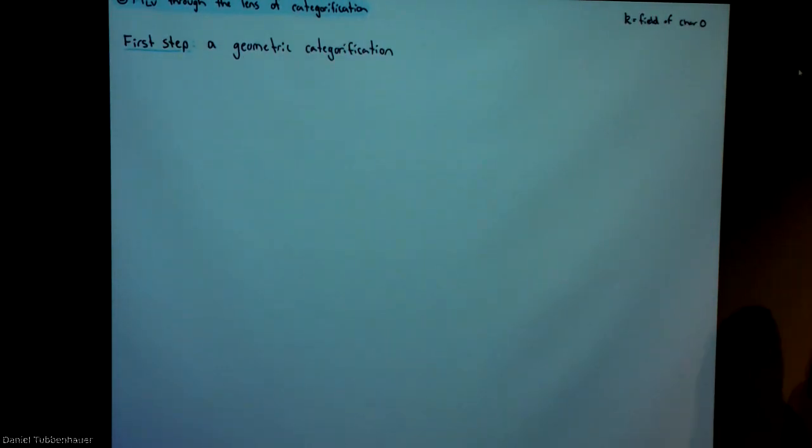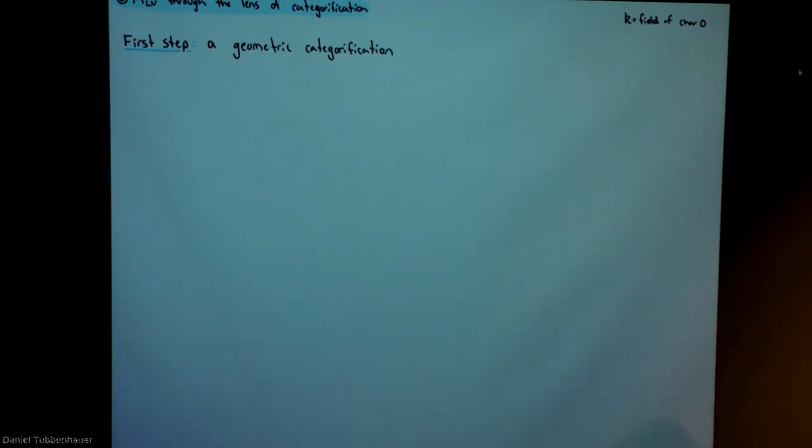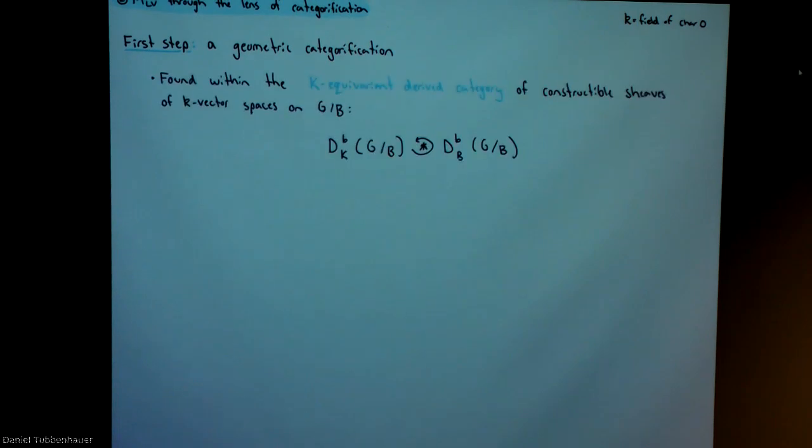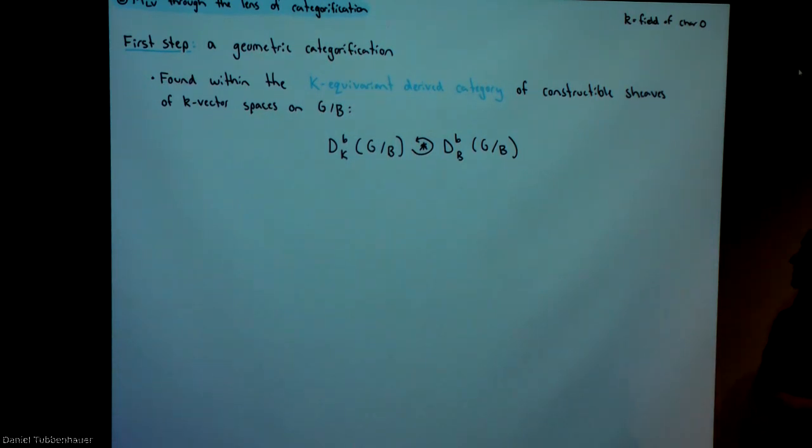So this is the idea, and the first step is to work geometrically, because the category is defined geometrically, or the modules defined geometrically. So the natural place for a categorification is in the world of geometry. And here I'll be quite brief, but feel free to ask me questions if you want more information about this perspective. So the geometry that I'll work in is the K-equivariant derived category of constructible sheaves of K vector spaces. So this is some big construction, but it's a nice triangulated category with 6 functor formalism.